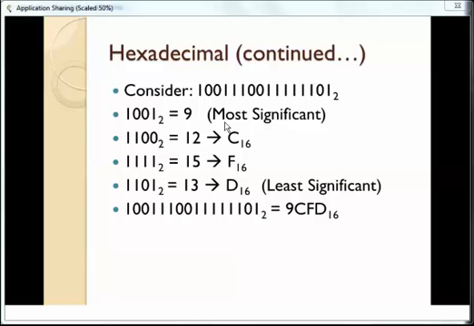So again, we have greatly simplified the amount of data that we're really manipulating or dealing with from this point on with this binary string, because we've converted it to base 16. And it's much more efficient from this point on to use 9CFD than all those ones and zeros that we saw previously.